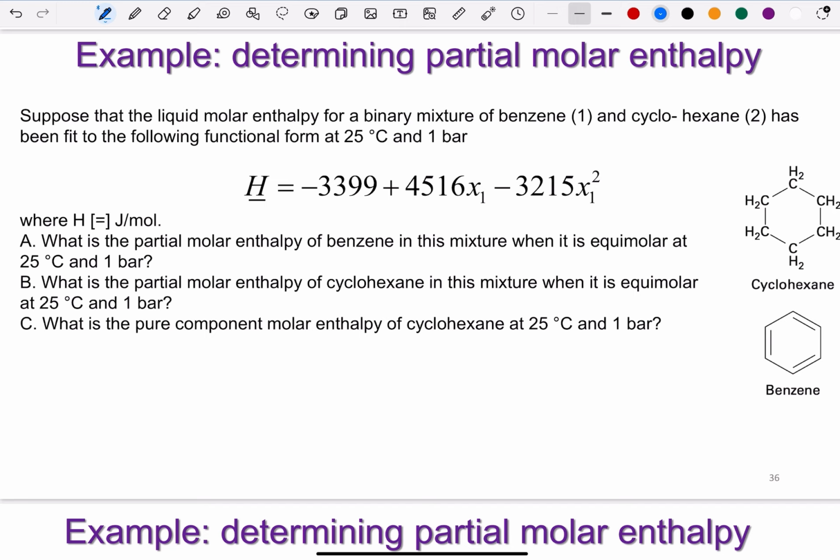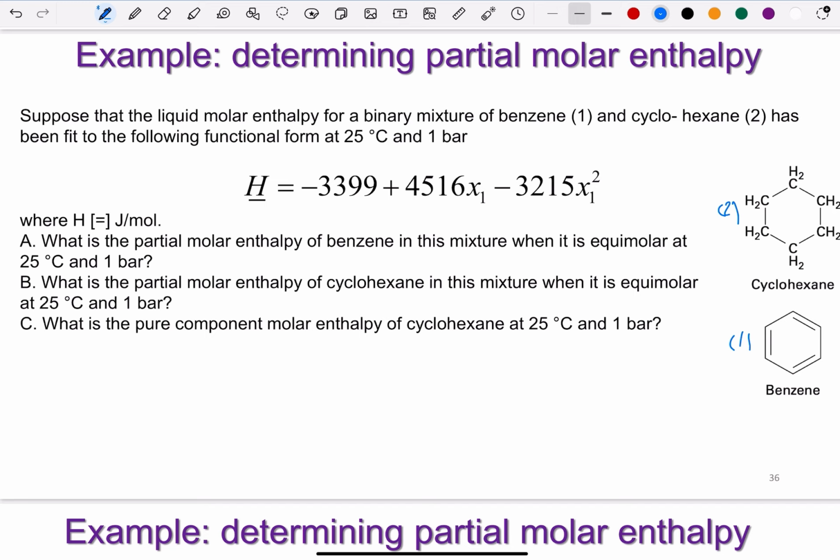Temperature is 25 C, pressure is 1 bar. Benzene is component 1, and cyclohexane is component 2. Okay. So we would like to calculate the partial molar enthalpy of the benzene in this mixture when it is equimolar at 25 C and 1 bar.